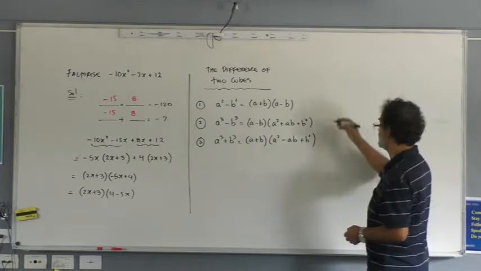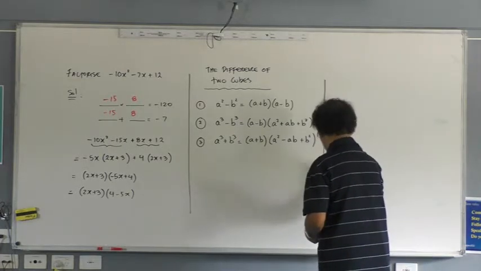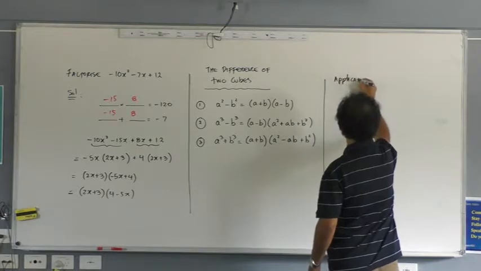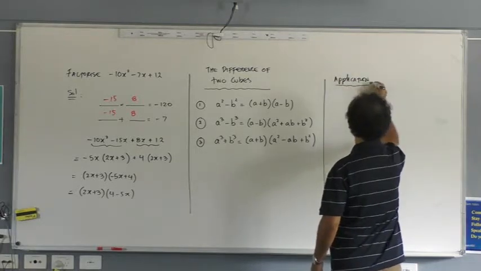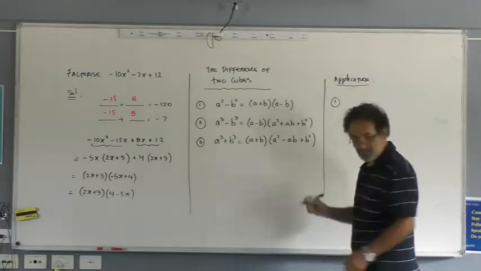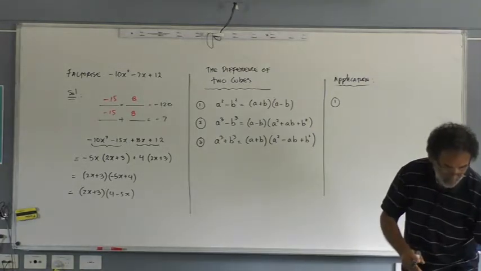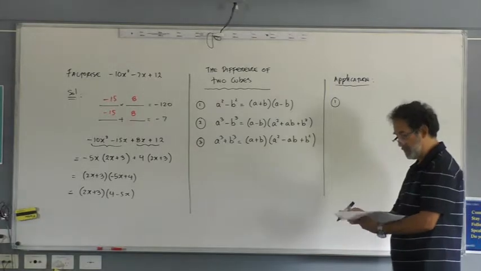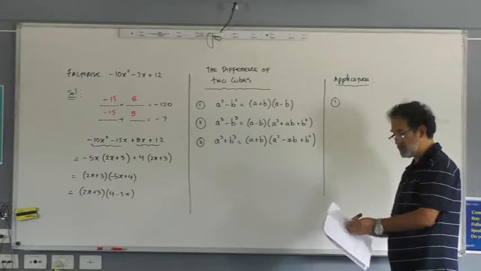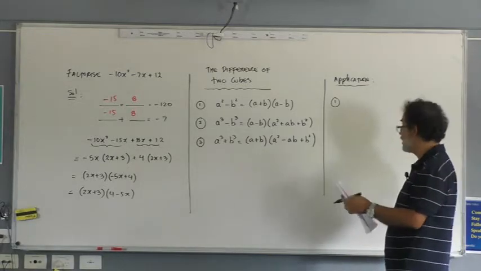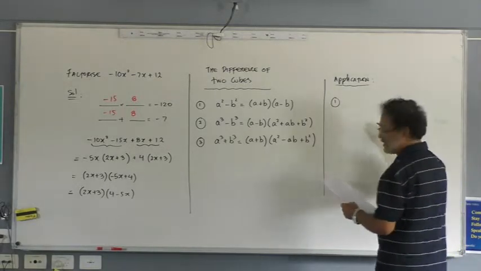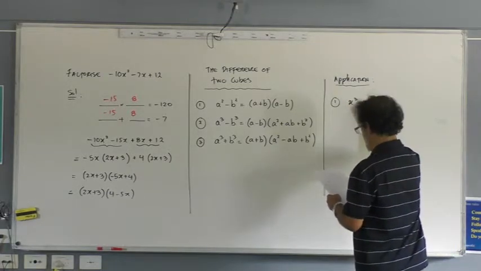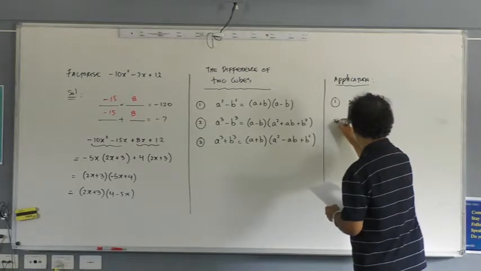Okay, so application of this. Factorize these. Number 1 is x cubed minus 27.